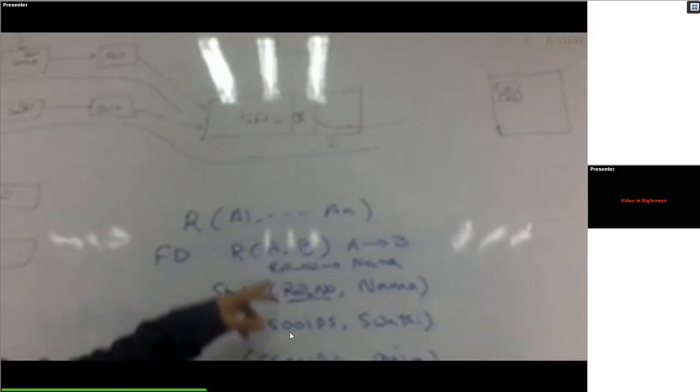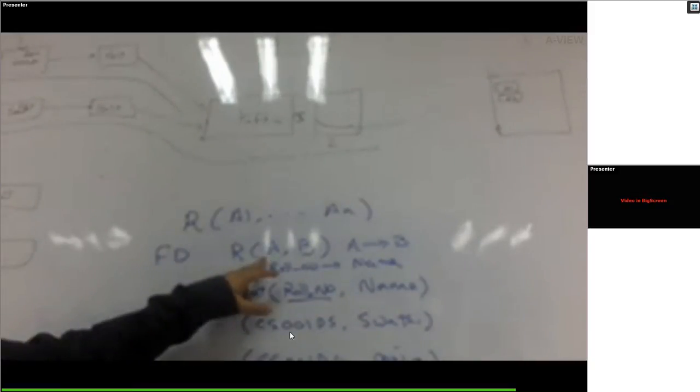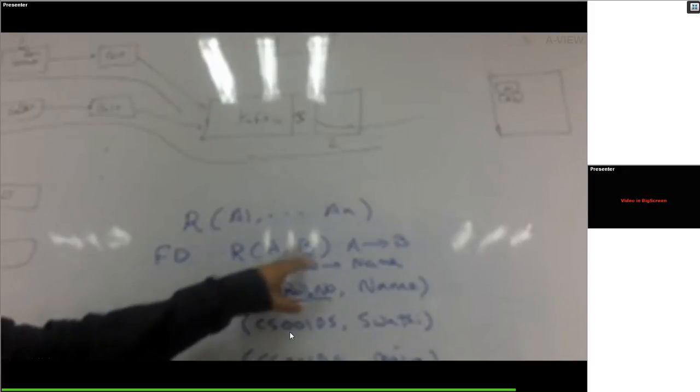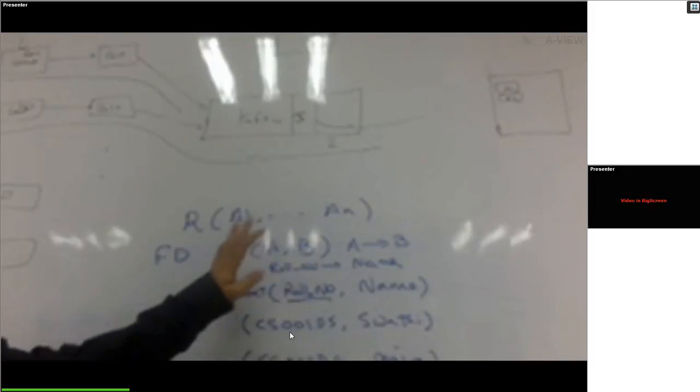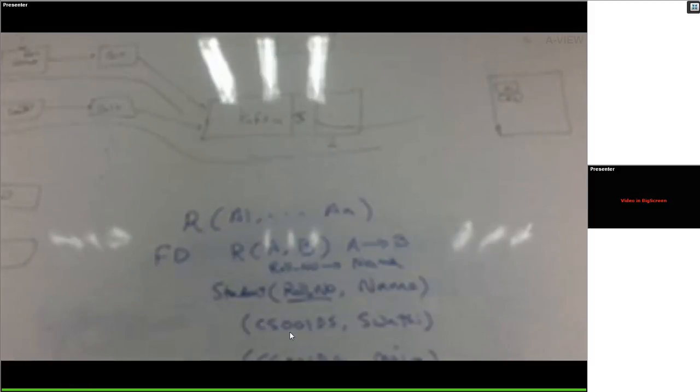The FDs are also coming from the domain. What is the dependency between one attribute and the other attribute is also coming from the domain.